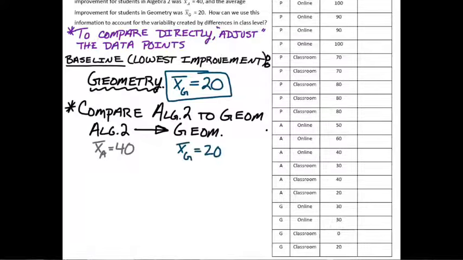So if I compare algebra 2 to geometry, my new baseline for algebra 2 would basically be 20. So instead of starting at 0, if I start at 20, this would now become 20 on average. So what does that mean for all these scores? We're going to fill these boxes in. For the algebra 2 students, you're going to subtract 20 from their score. So that's how we're going to compare them. If you subtract 20 from each algebra 2 student.